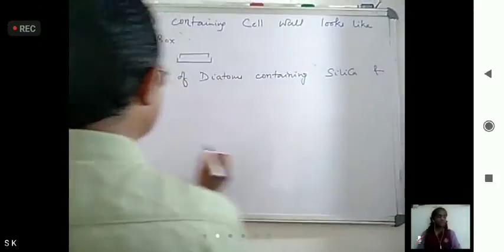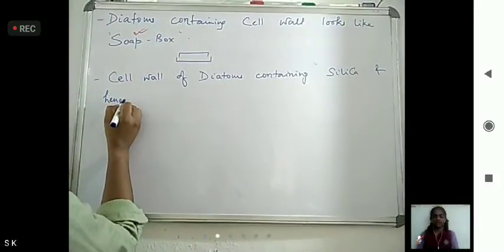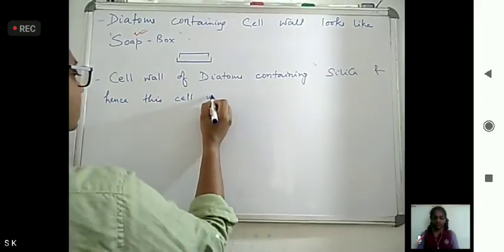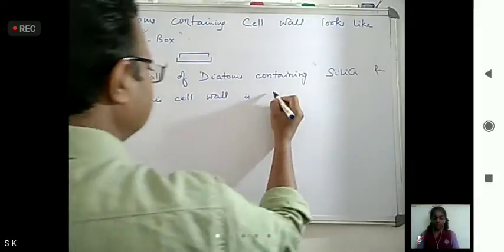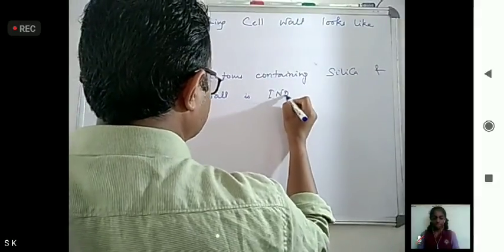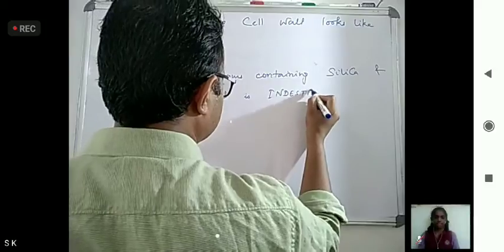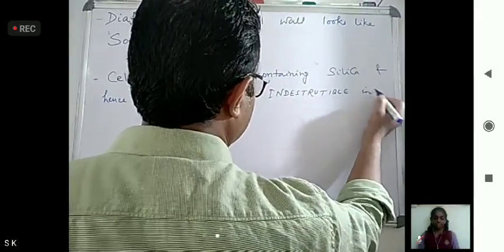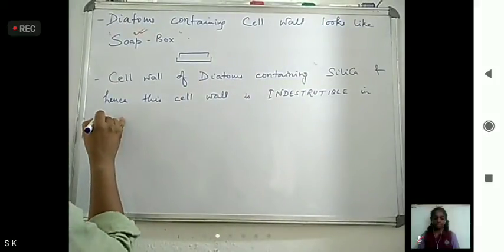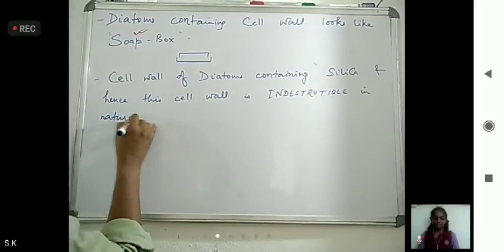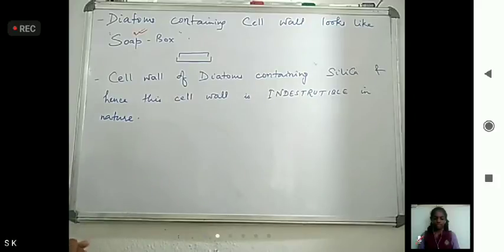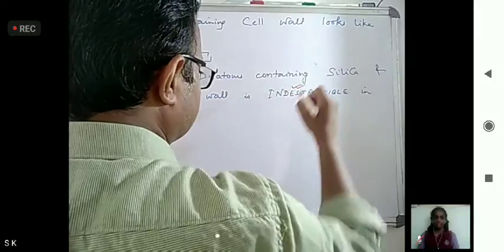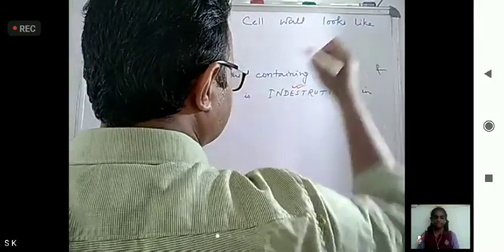Silica, and hence this cell wall is indestructible in nature. Indestructible in nature. Okay. Question is there, cell wall of diatoms is indestructible due to presence of silica.